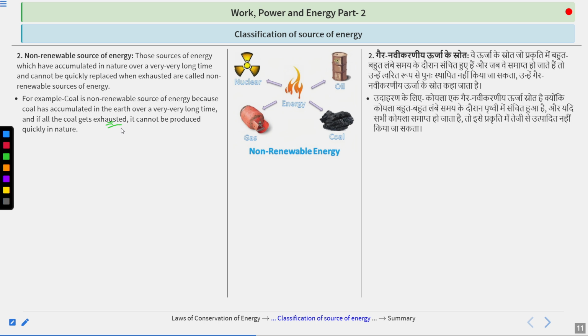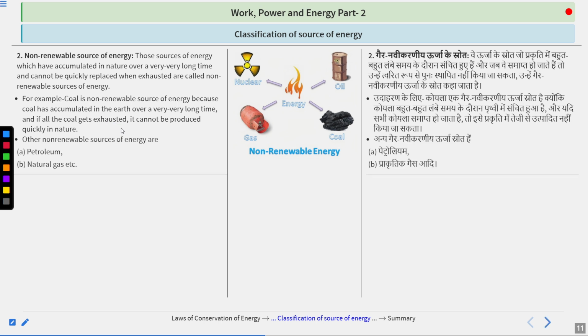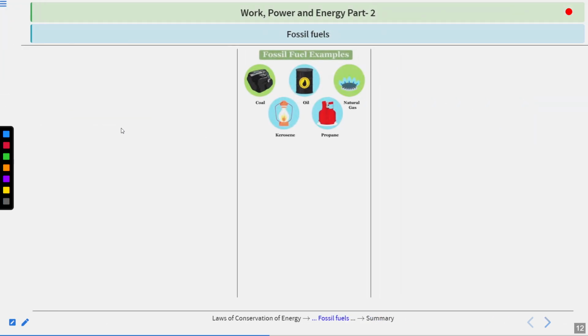Got it? Other non-renewable sources of energy are petroleum and natural gas, etc., because they also take a long time for accumulation or formation, and they could be utilized easily and rapidly.